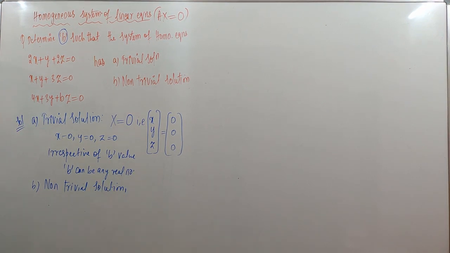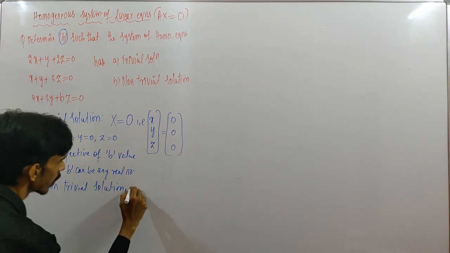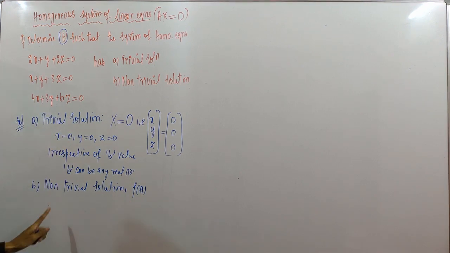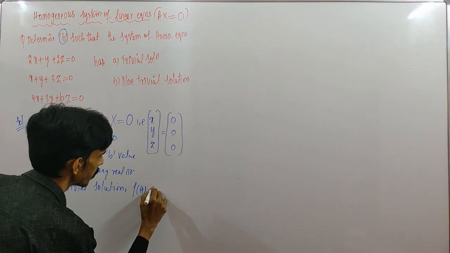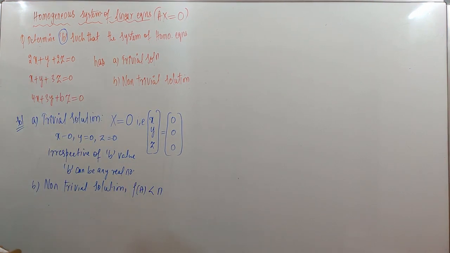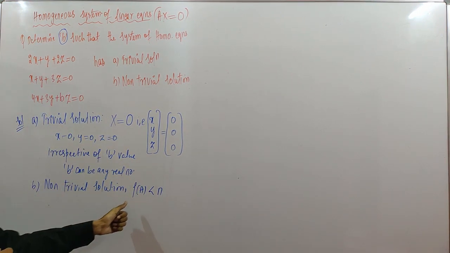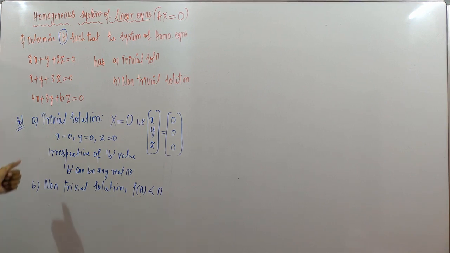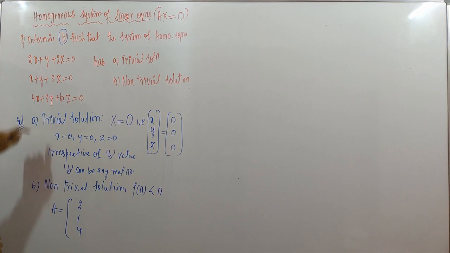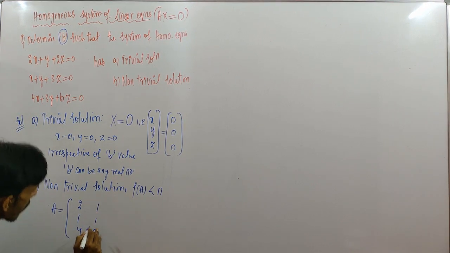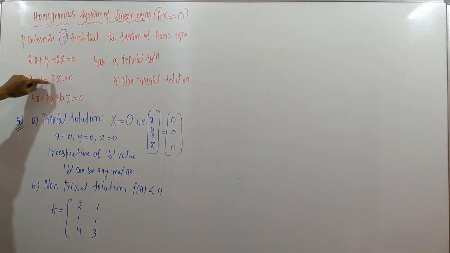For a non-trivial solution, the rank of the coefficient matrix A should be less than the number of variables. Now let us calculate the rank of A. Take coefficient matrix A. Here we have 2, 1, 2 in the first row, 1, 1, 3 in the second row, and 4, 3, b in the third row.